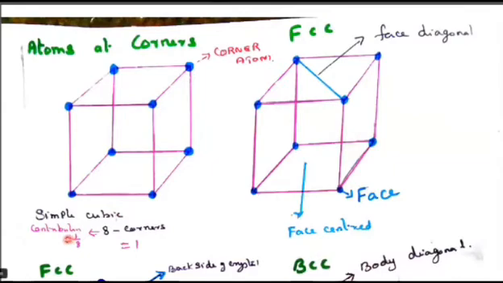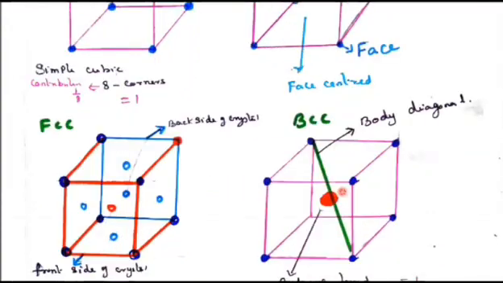Each corner atom is shared by 8 cells, so 1 by 8 into 8 equals 1. In the faces, this is face-centered cubic. The two atoms joined together across a face form a face diagonal, and this is the face center. There is one atom on the left face, right face, top and bottom, and the front and back of the crystal.